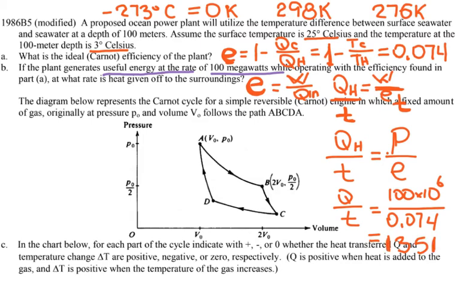And again, I find joules per second, so I can write watts or joules per second, and this is how much heat energy is coming from the hot reservoir to the engine.